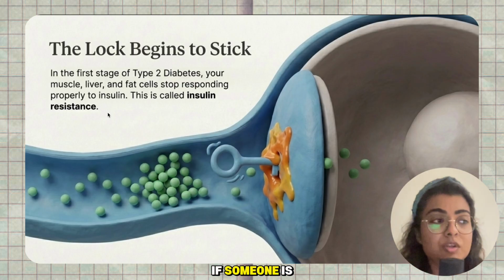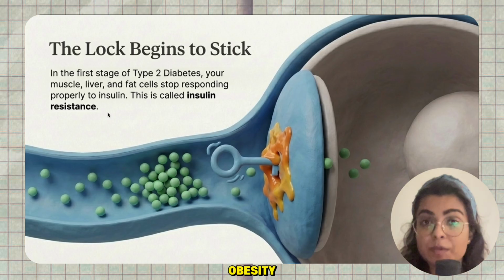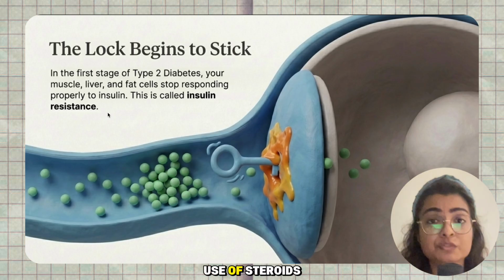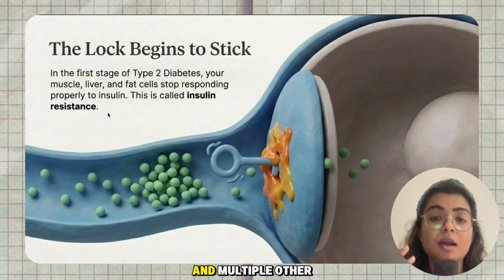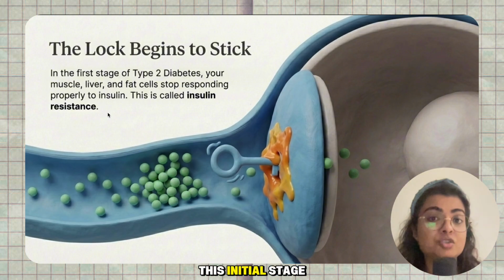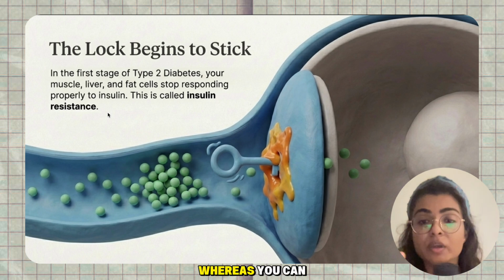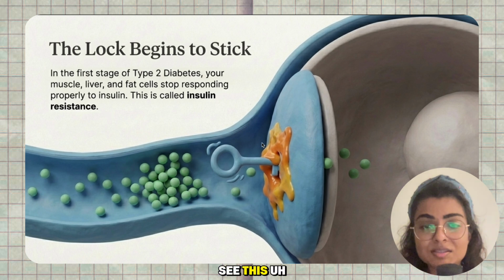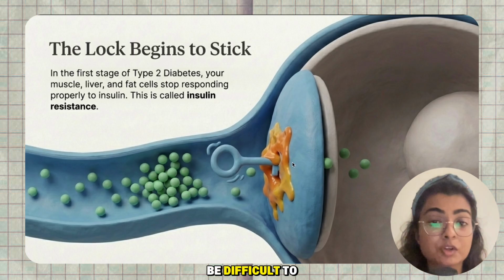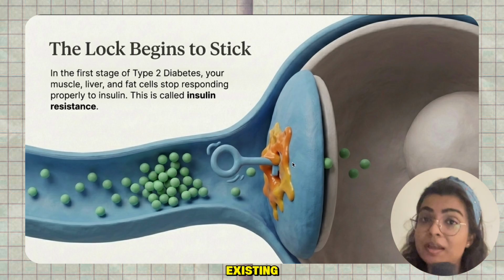So if someone has obesity, a strong genetic factor, or prolonged use of steroids and stuff like that, and multiple other factors, they will start developing this initial stage called insulin resistance, where, as you can see, this door here tends to become sticky, and definitely it's going to be difficult to open with the existing key.